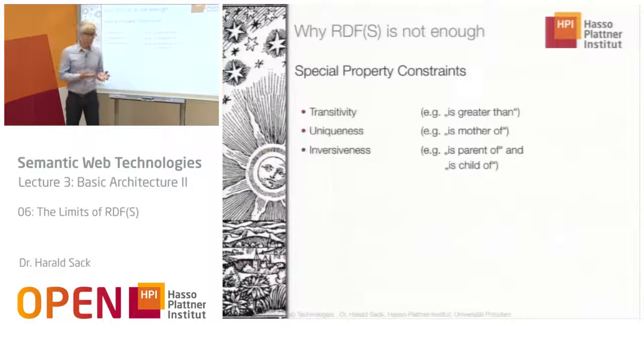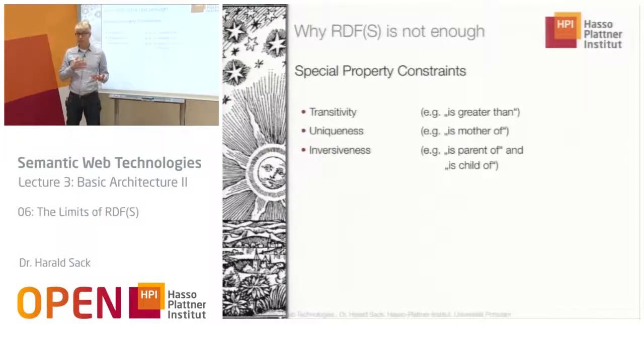On the other hand, restrictions on properties are also not possible. For example, think of a transitive property, is greater than: if A is greater than B and B is greater than C, then this property should also hold the condition that A is greater than C. So it should be transitive. On the other hand, you should be able to express uniqueness. For example, you only have one mother, so this is a functional property.